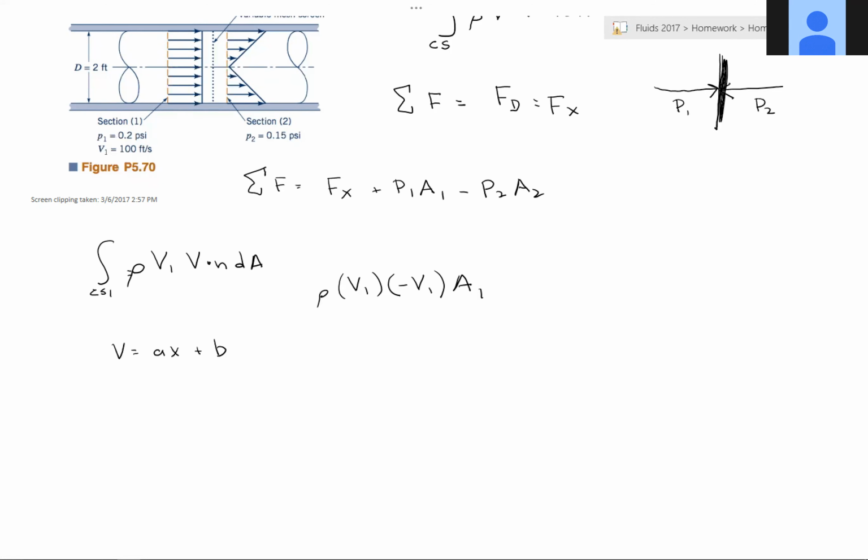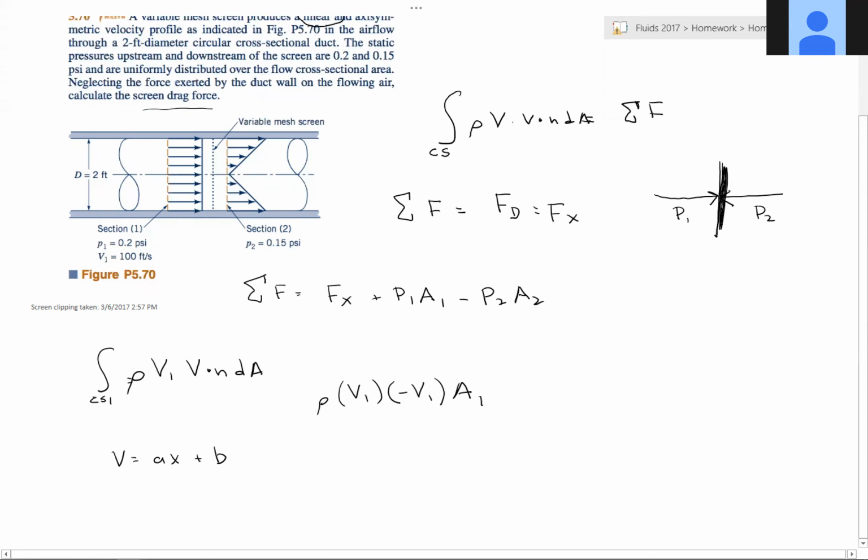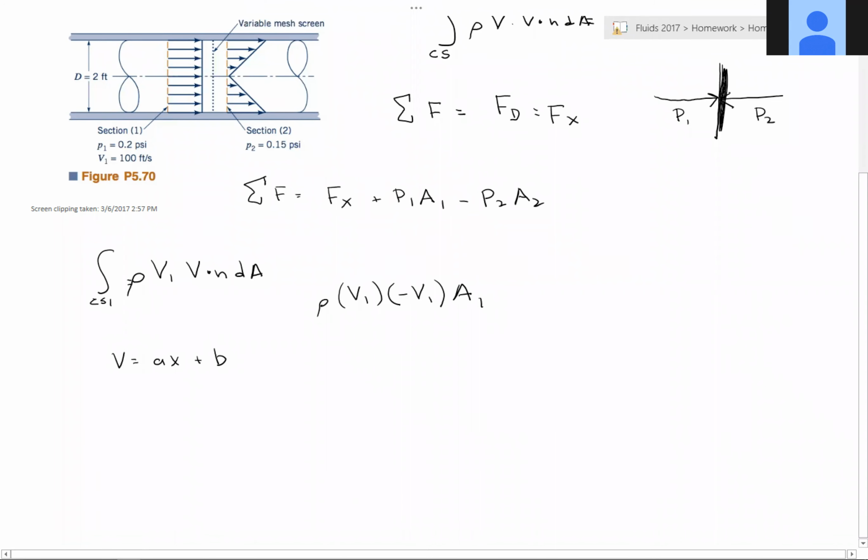Is it in the X direction? No, this is a pipe. This is circular. So instead of X, what do we do? Instead of Y, it would be R. That's exactly it. So our U of R, which is what we're looking for, is some A times R plus B. Yes, sadly, actually cylindrical.